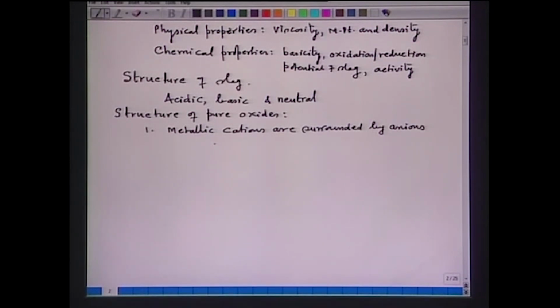If I have calcium oxide, then Ca2+ ions and O2- ions; Ca2+ ions are cations and O2- ions are the anions.